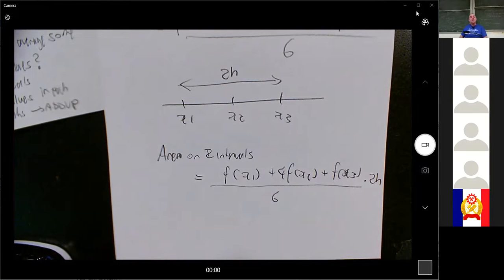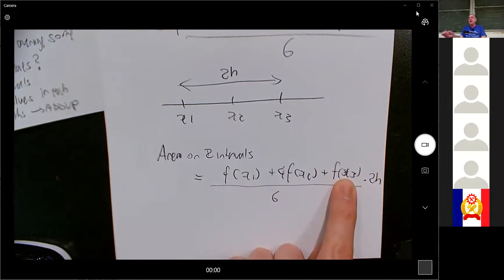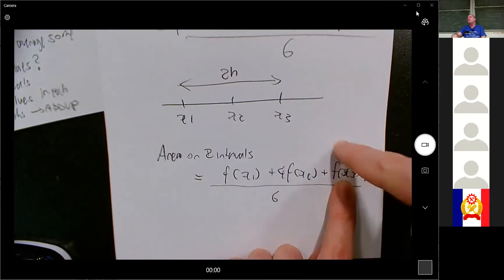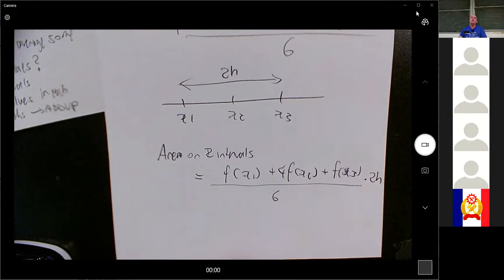Yay! And the reason why you end up with all those 2's in the middle is because you're doing f of this left and f of that right, but then the left-hand end of the next one is the same as the right-hand end of the previous one, and you get 2 of them. Yeah, and that's why it's 4, 2, 4, 2, 4, 2, 4, 2, because it's a certain number of pairs of interval, and it's 1, 4, 1, and then another 1, 4, 1.